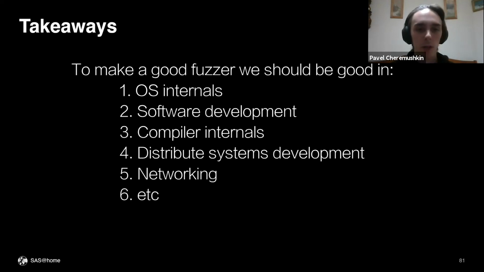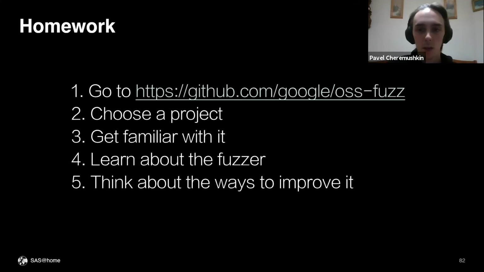You have to be good at compiler internals if you want to build tools like libfuzzer. You have to be good at building distributed systems if you would like to run your fuzzers simultaneously on various machines, and so on.